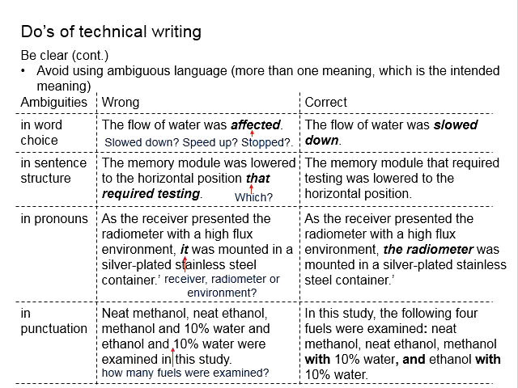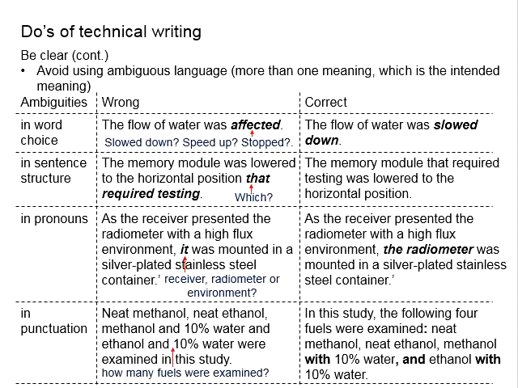Therefore, if possible, you should clearly state how it is affecting the flow of water. For example, the flow of water was slowed down. Now you know that slowing down is a part of affecting the flow of water, and it actually slowed down the flow. Next, it will be in the sentence structure.